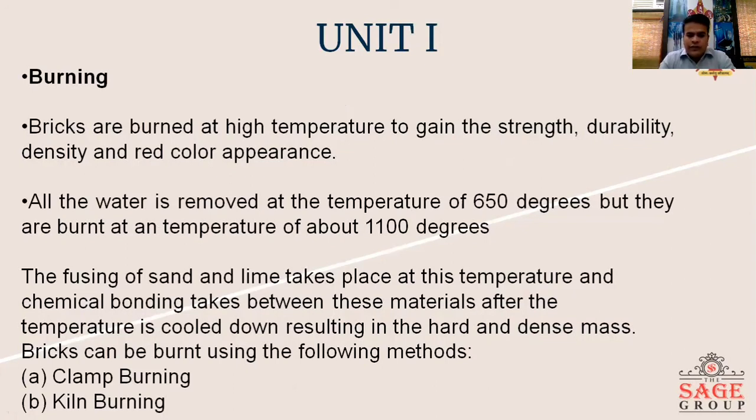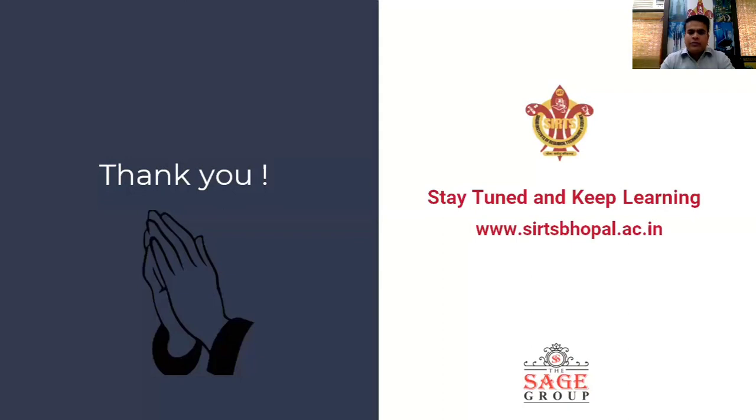The fusing of sand and lime takes place at this temperature. The chemical bonding between these materials after cooling results in a hard and dense mass. That means during the burning process, sand and limestone fuse to give the hard dense mass of brick. Then the burning is done in two ways, that is clamping and kilning.